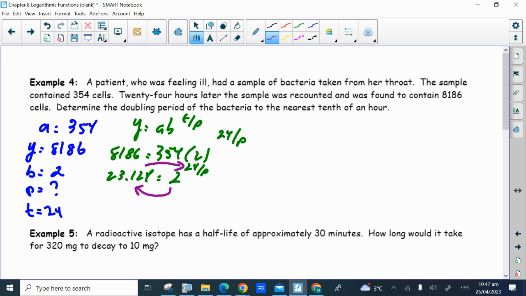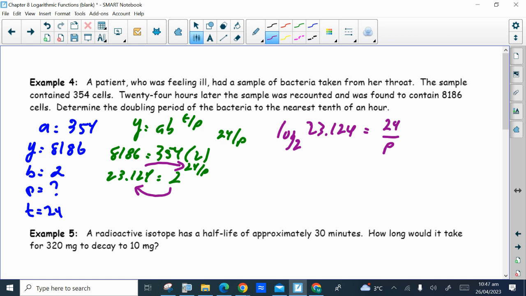Start with the base and cycle through. The base of the exponential function is 2, so that'll be the base of the log. It'll be log base 2 of that decimal, 23.124, which we have in our calculator, and that must equal 24 over P.